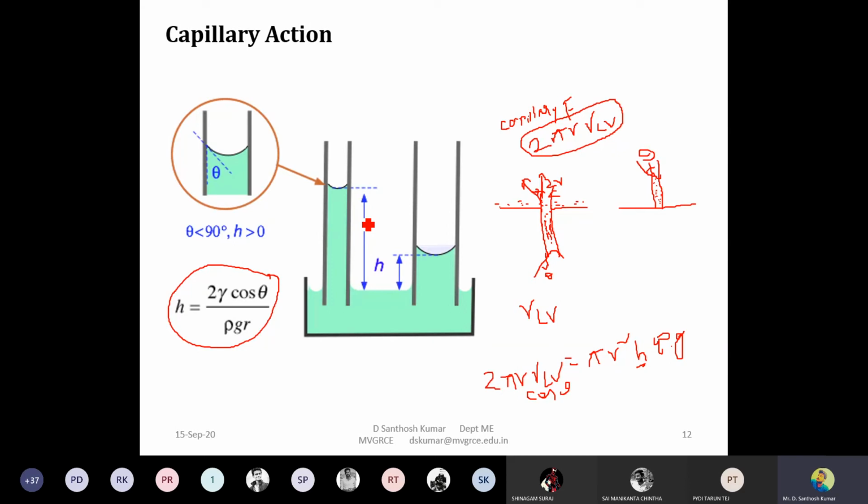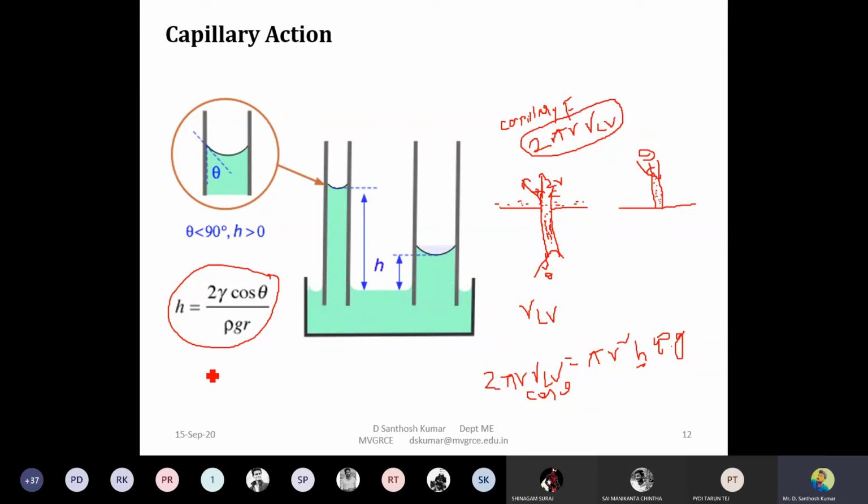You can clearly understand from this equation. R is your crack size, rho is the density of the liquid, and g is the acceleration due to gravity. Whatever the rise or depth of this particular liquid, it is always proportional to the surface energy, and inversely proportional to the crack size.